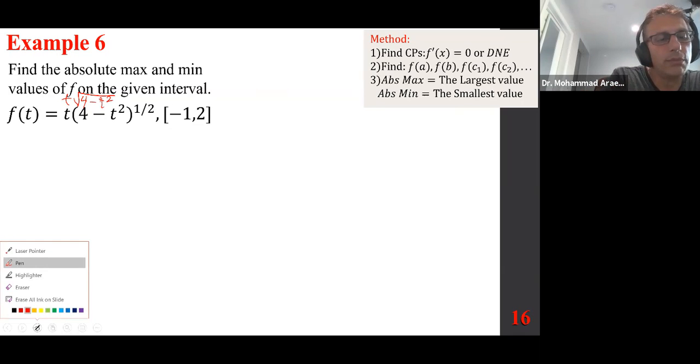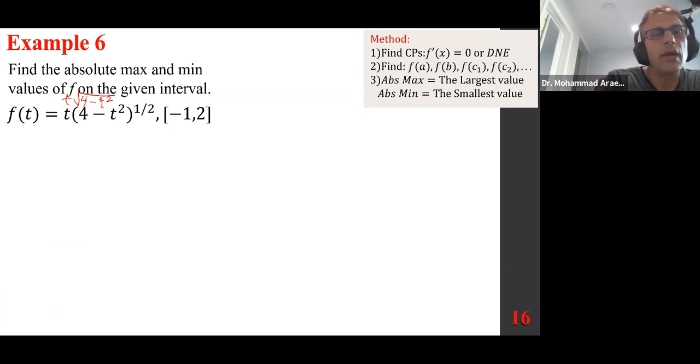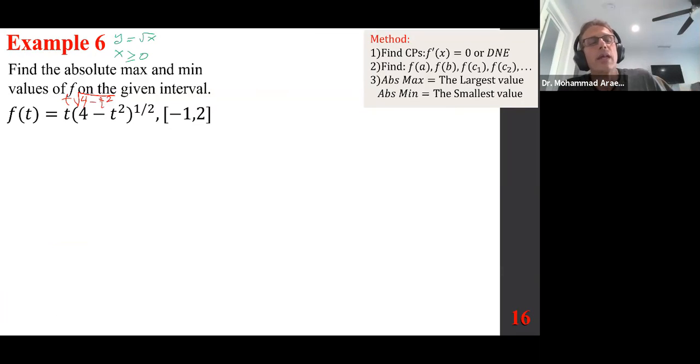And I hope you remember when we had y equals square root of x, the domain, whatever was under the radical, we would say larger than or equal to 0. So again, just to make sure we understand, we have a product of t, which is a linear function, or you can say polynomial of degree 1, and the square root.